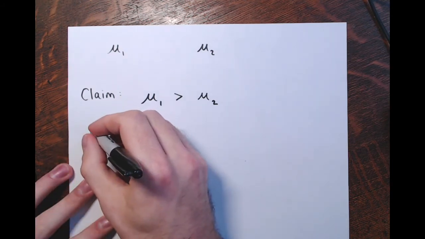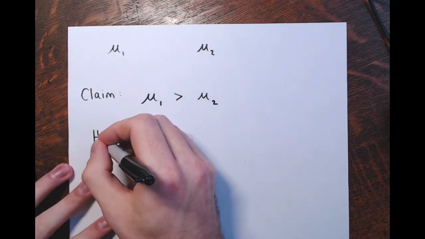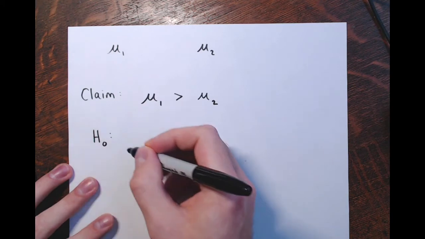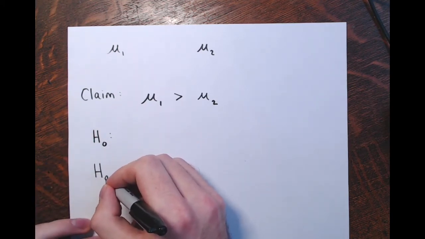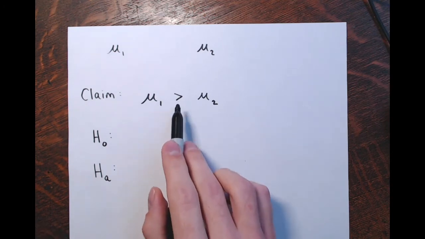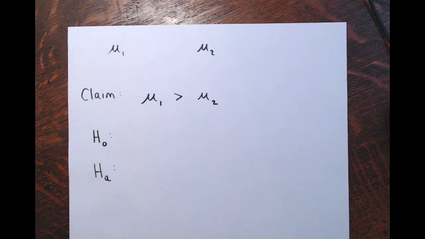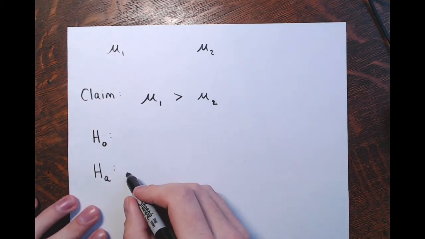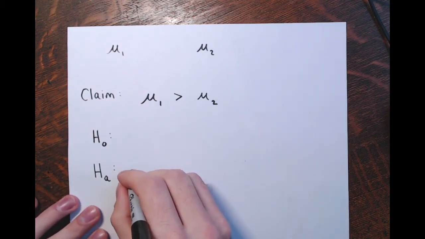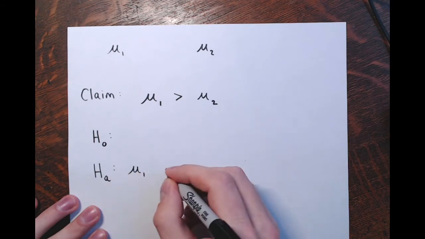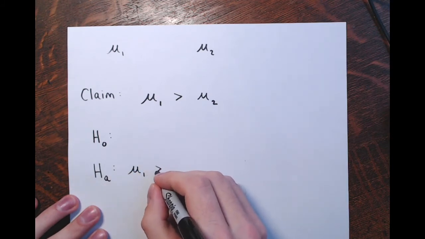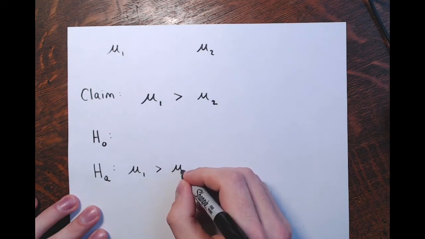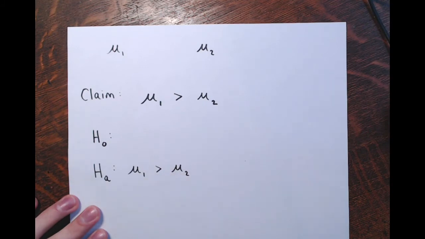And then once a claim is established, you can set up your hypotheses. There's the null hypothesis and the alternative hypothesis. The claim does not include equality, so that will be represented by the alternative hypothesis, that the computer 1 average startup times are greater than the computer 2 average startup times.